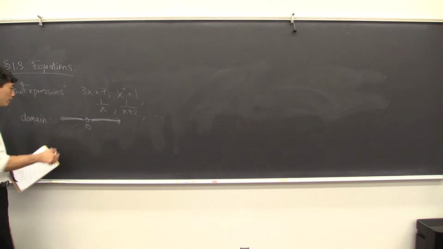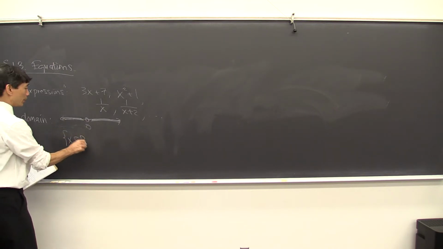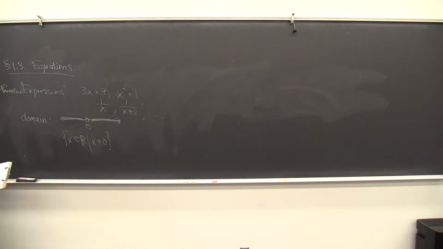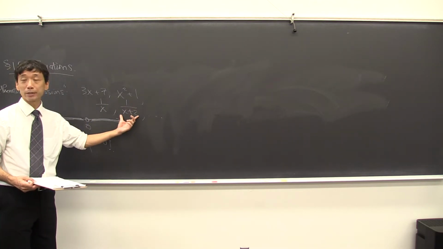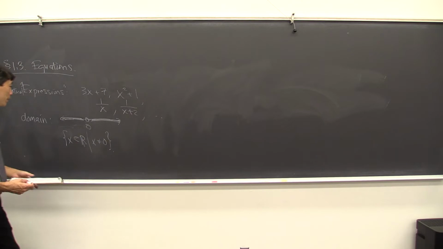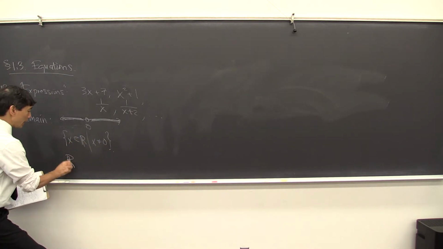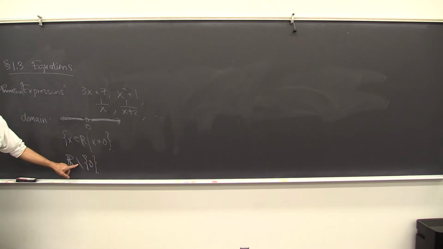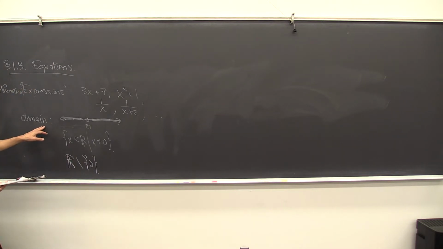You could write that as: x is a real number, but x cannot be 0. In this case, your domain is x cannot be -2, and so on. Another notation for this is the real line excluding 0. This mark means excluding, just to introduce some notation.